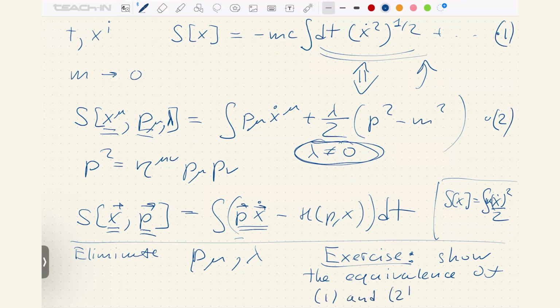Or more specifically, what we need is the arrow 2 to 1. Because from 1 to 2 is less obvious how to do. It's also possible, but this is more tricky. To eliminate variables is kind of easier than to add.